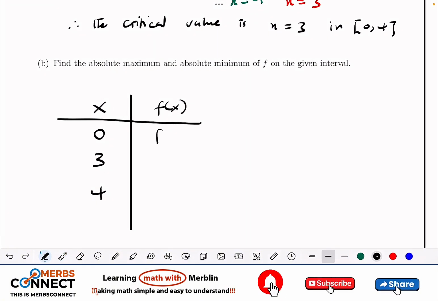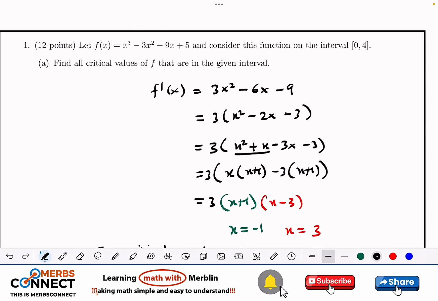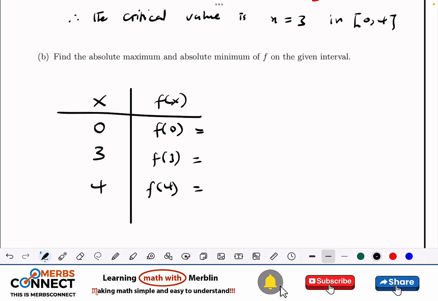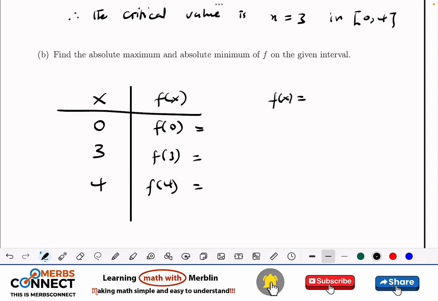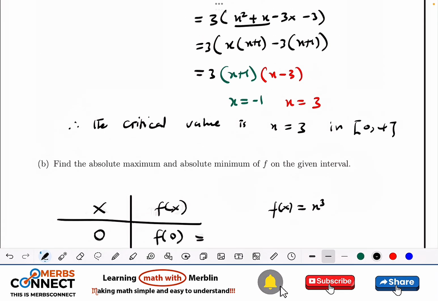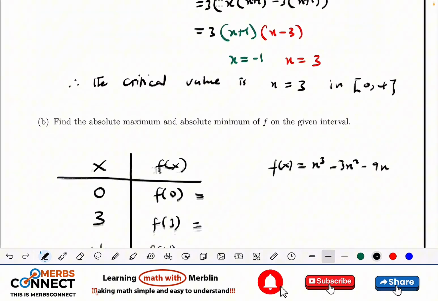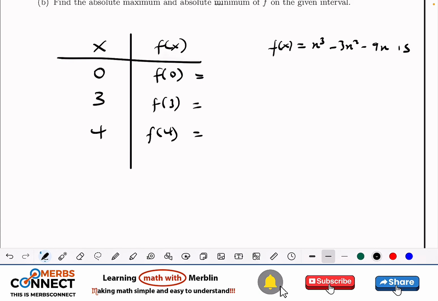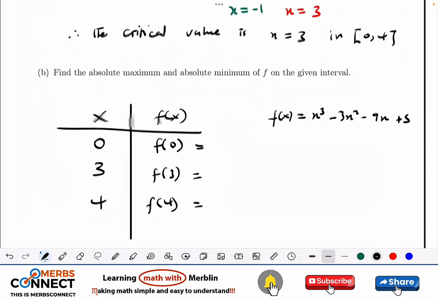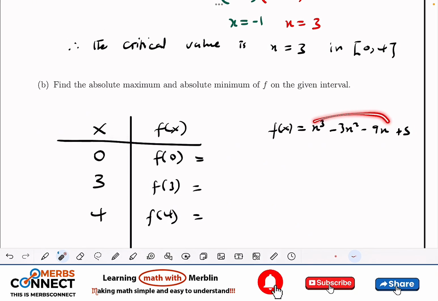So let's look for f of 0, f of 3, and f of 4, so that we can conclude. What is our function? f of x is equal to x to the power 3 minus 3x squared minus 9x plus 5. I love 0 when it is in the form of a polynomial.